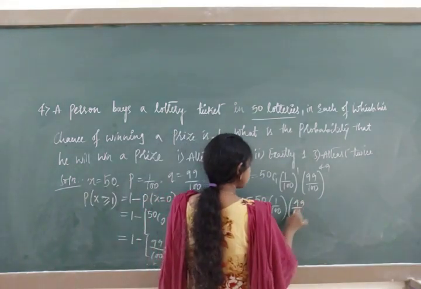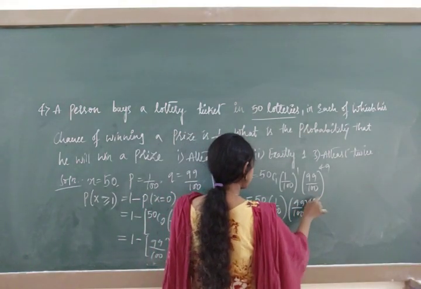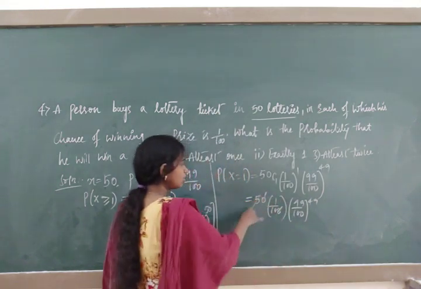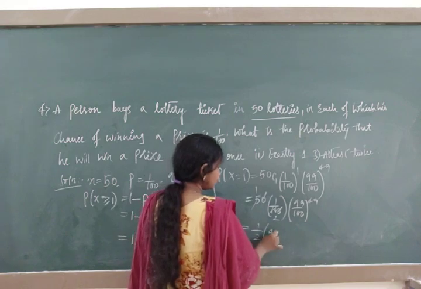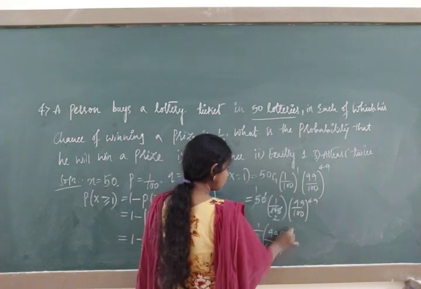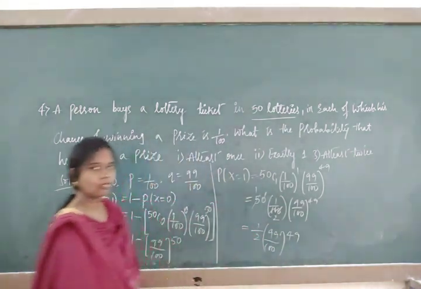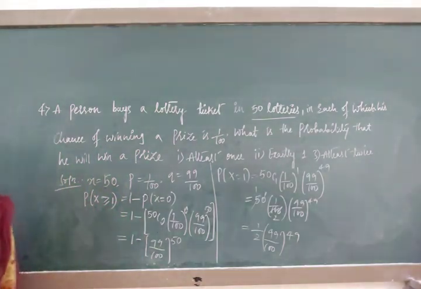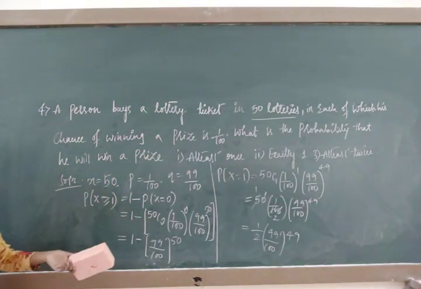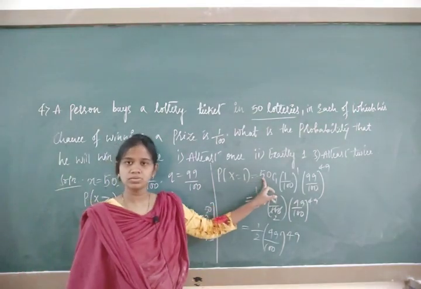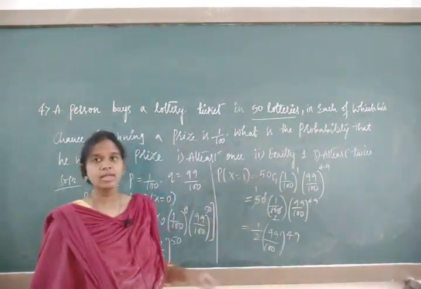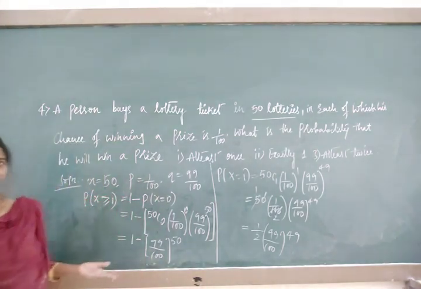The 0 cancels with the 0, 5 ones are 5, 5 twos are 10. So the final answer will be 1 by 2, 99 by 100 whole to the power of 49. In some problems I have simplified; the choice is yours. You can stop here itself, or here, or here. If the calculation is easy, you just simplify.